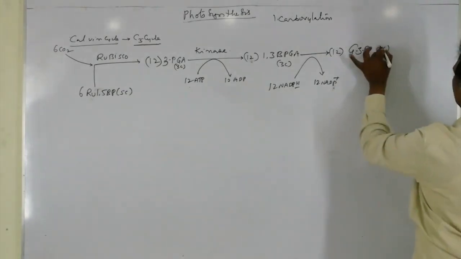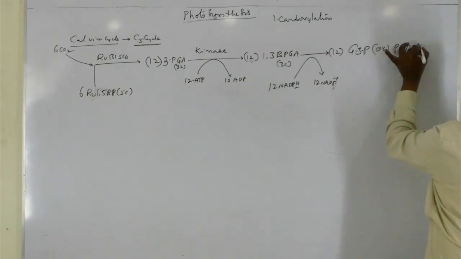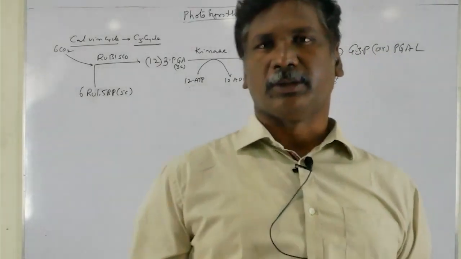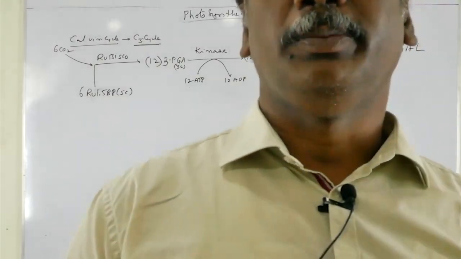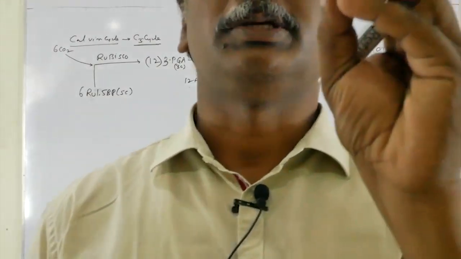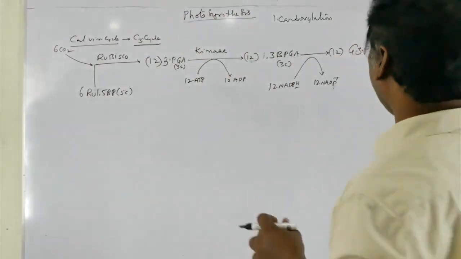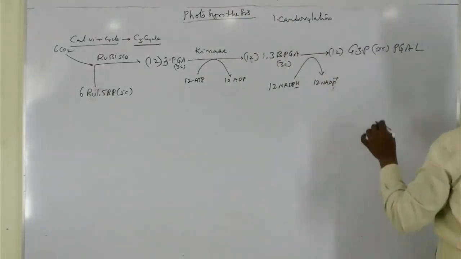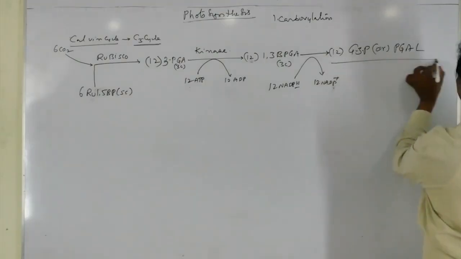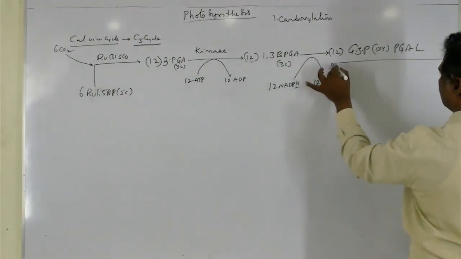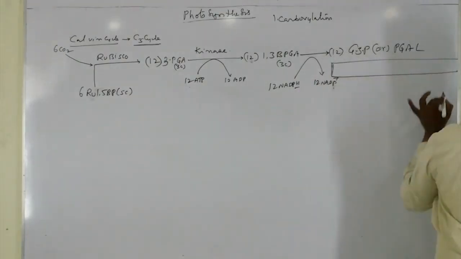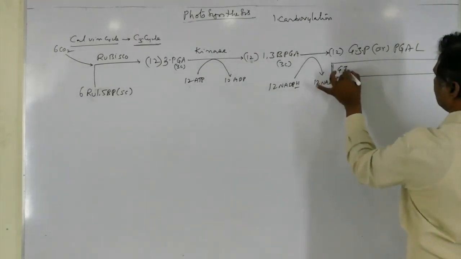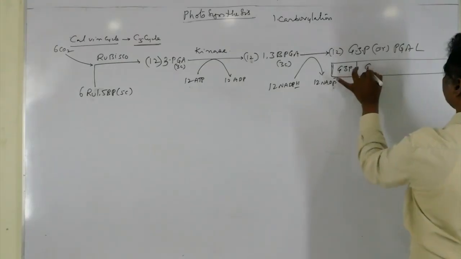It is also called PGAL, phosphoglyceraldehyde. So this is the G3P pool of 12 molecules.